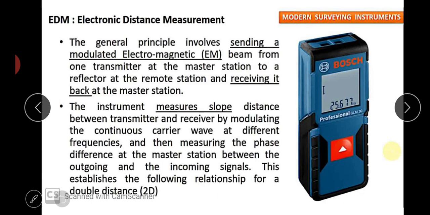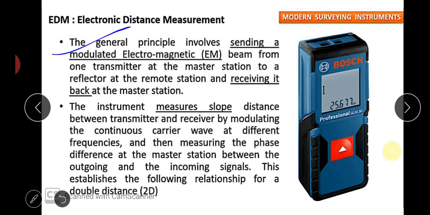Now, what is EDM? Electronic distance measurement is the full form of EDM. The general principle involves sending a modulated electromagnetic beam from a transmitter at the master station to a reflector at the remote station and receiving it back at the master station.